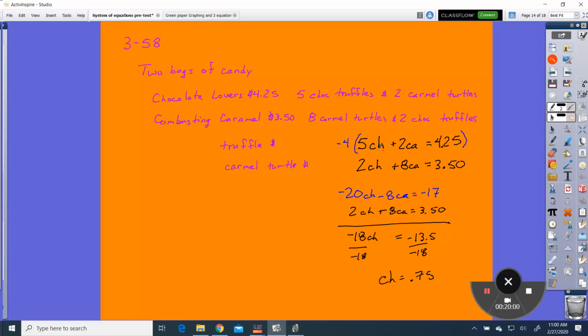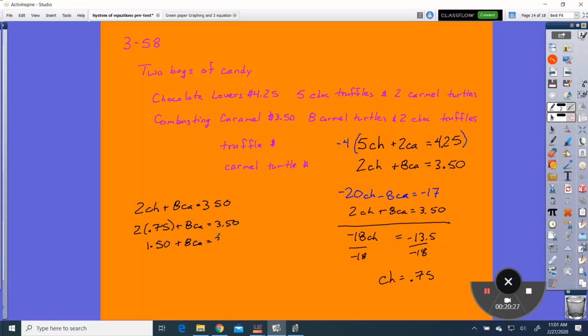So now I can plug that back into either of these 2 originals. So I'm going to go 2 chocolates plus 8 caramels equals $3.50. But I know that the chocolates are 75 cents. So I'm going to have 2 times 0.75 plus 8 caramels equals 3.50. So 75 cents, if I have 2 of those, that makes $1.50.